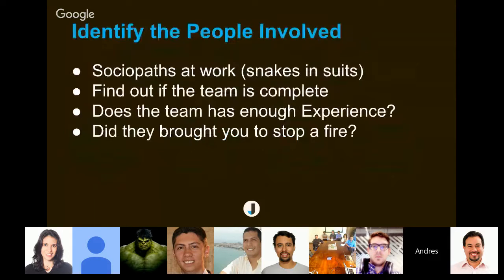Another way to see if the team is complete: if, for example, the project manager is a pain in the ass, guess who has to get that role? You. Don't wait. Start putting in the rules of the game.